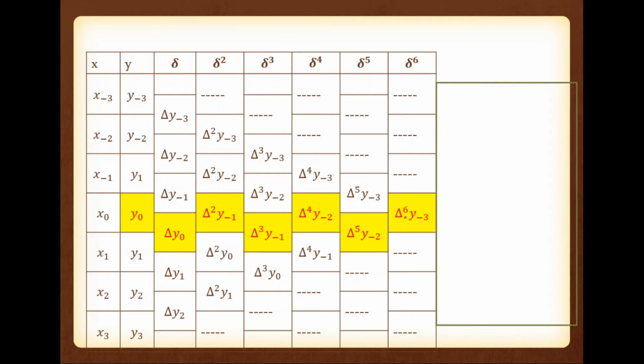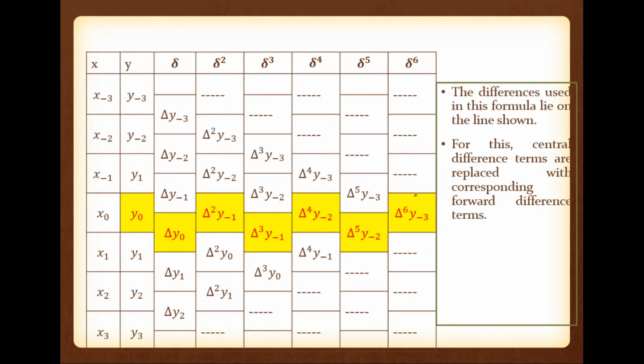Theta raised to 6 y0 is replaced with delta raised to 6 y minus 3. Okay. So please note all central difference terms are replaced with corresponding forward difference term. So for the purpose what we used, theta is equal to delta e raised to minus 1 by 2. That relationship we used.